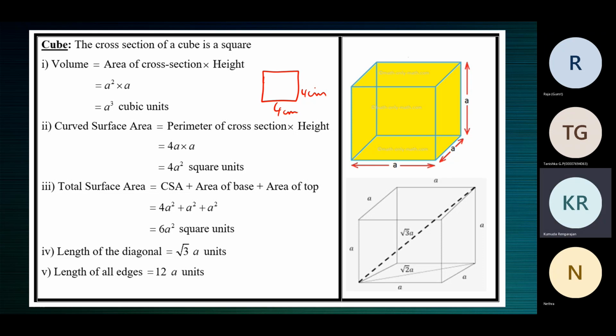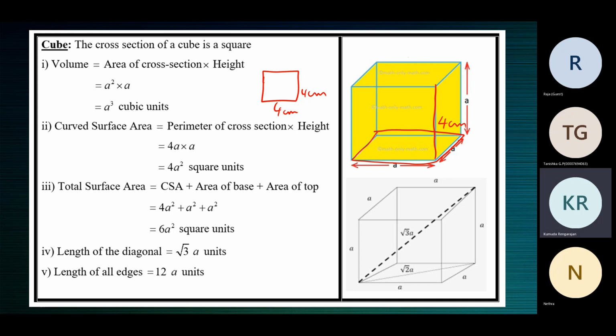Now when you arrange these squares to a height of 4 centimeters, you stack the identical squares to a height of 4 centimeters. So then you get a solid.